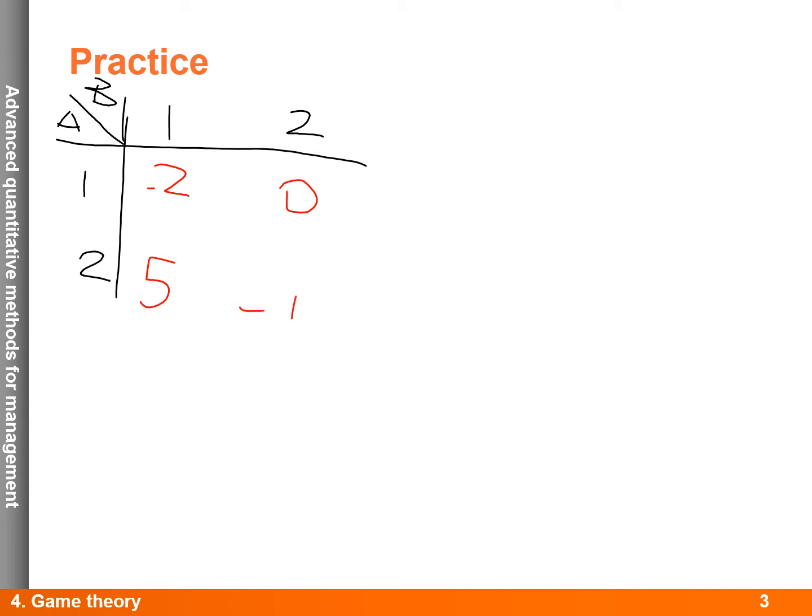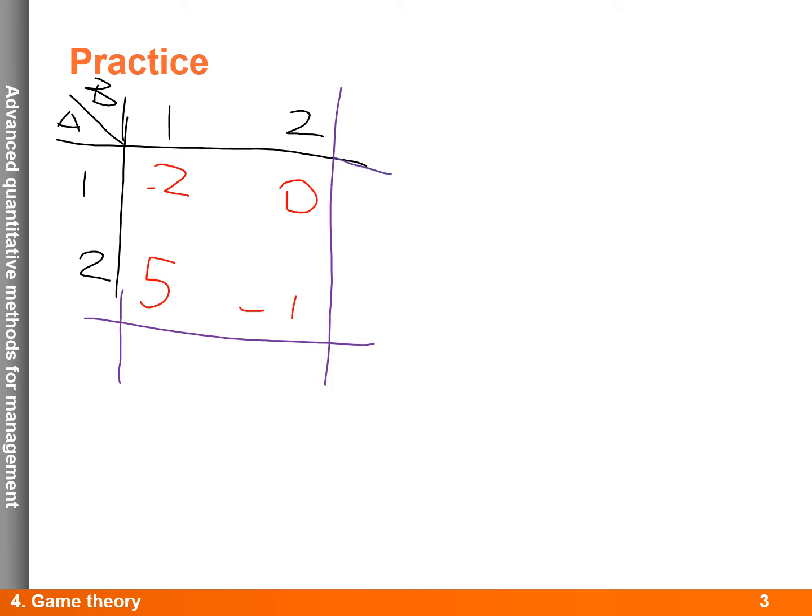Again, the first step for understanding if we have a saddle point or not is forming the minimax and maximin. Okay, how? Something like this.